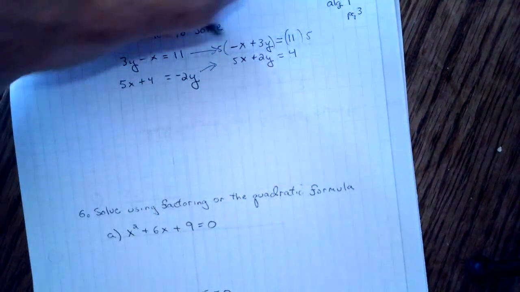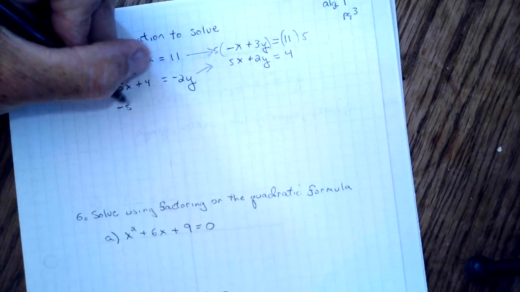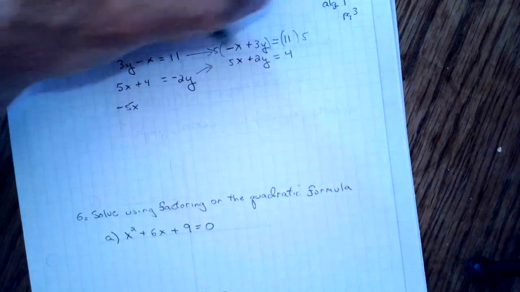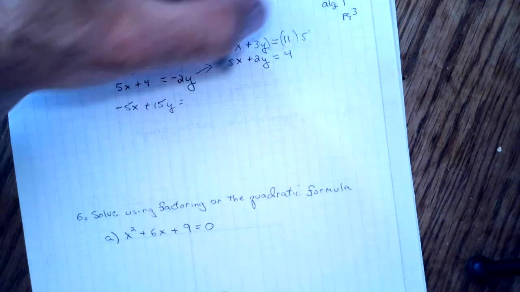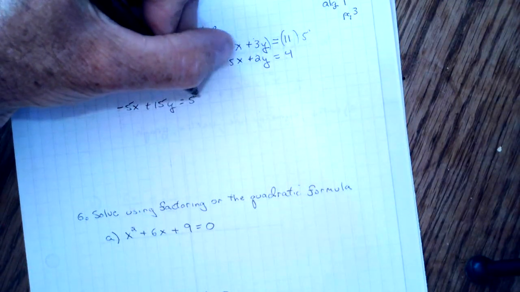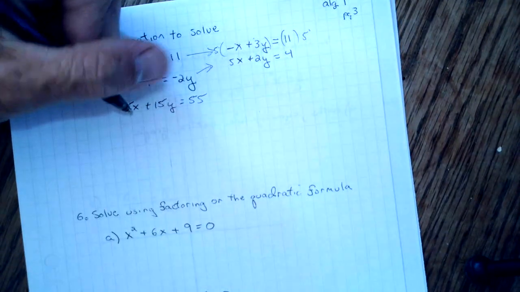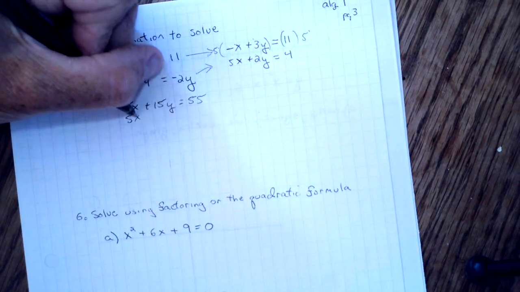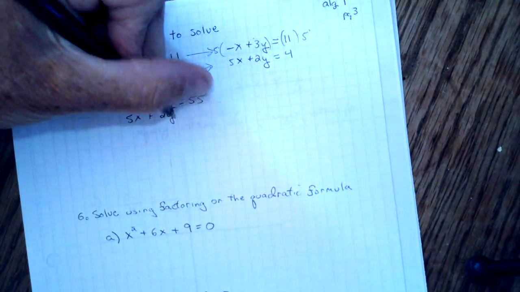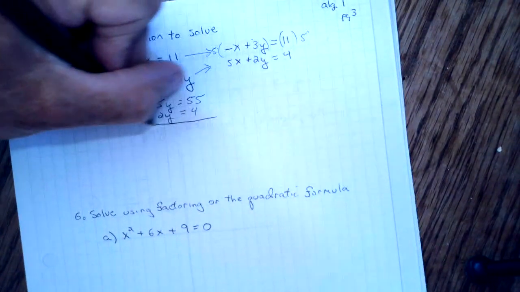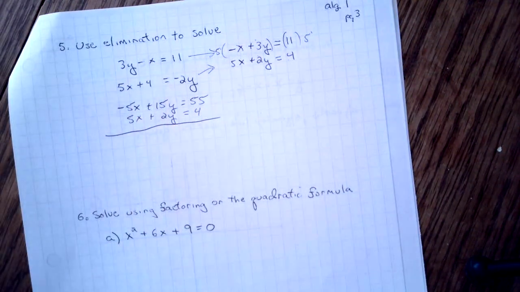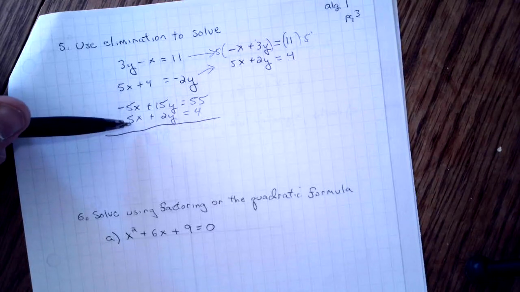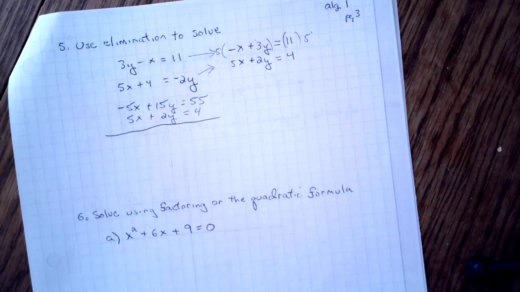So my 2 equations are going to be 5 times negative x, or negative 5x, 5 times 3 plus 15y equals 5 times 11, which is 55. And then the second equation, this one, is 5x plus 2y equals 4. So I do that so that either the x or the y is identical.